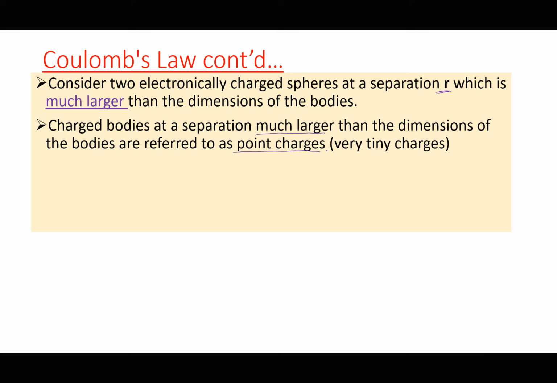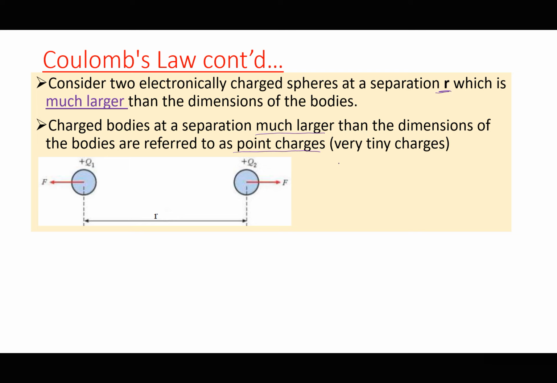So let's consider these two charges separated by a distance r from their centers. Coulomb's law is telling us that the force between the two point charges is directly proportional to the product of the charges and inversely proportional to the square of the separation. So what we are saying is very simple.